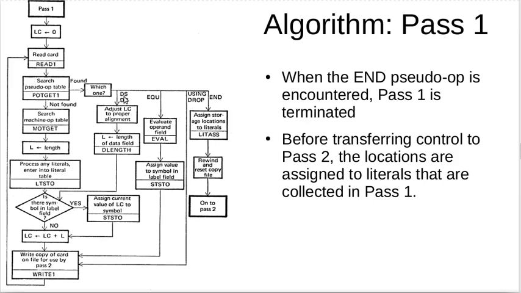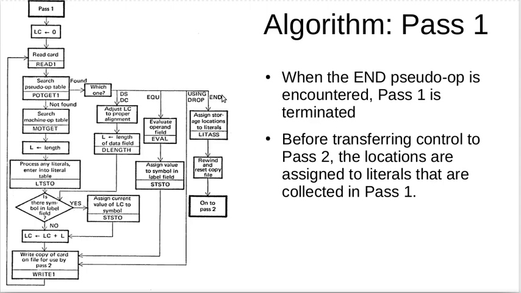When DS and DC are processed, we move ahead to the part where we check for a symbol in the label field. Again, for EQU, we perform all the processes and we move ahead to the part where we write it to a card. There is one last pseudo op remaining, which is the END pseudo op. When the END pseudo op is encountered, pass 1 is terminated.